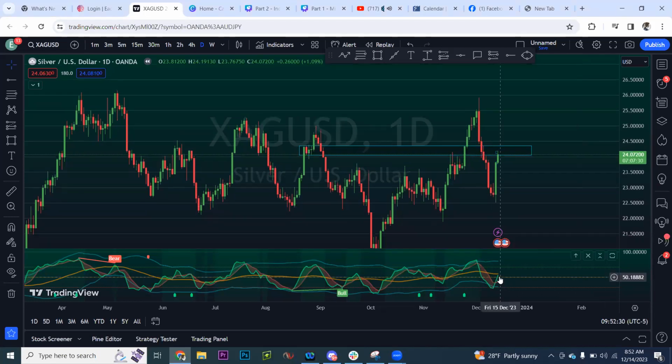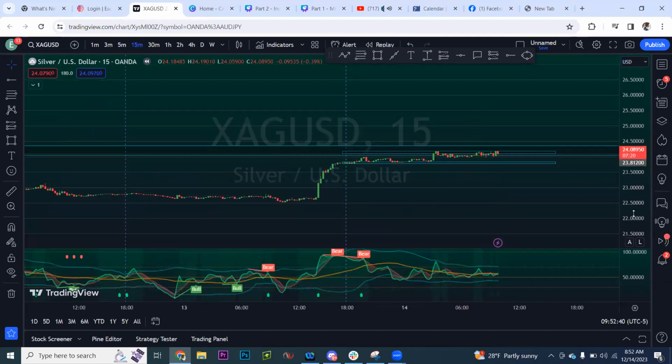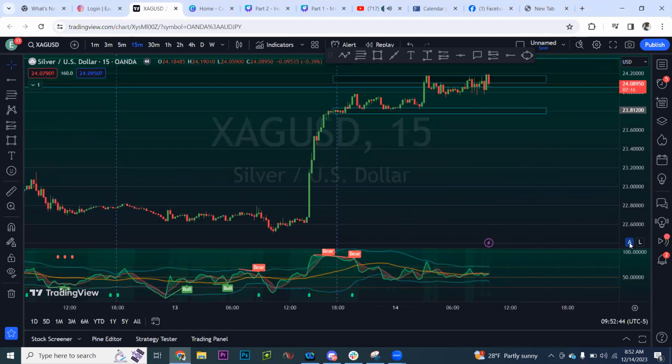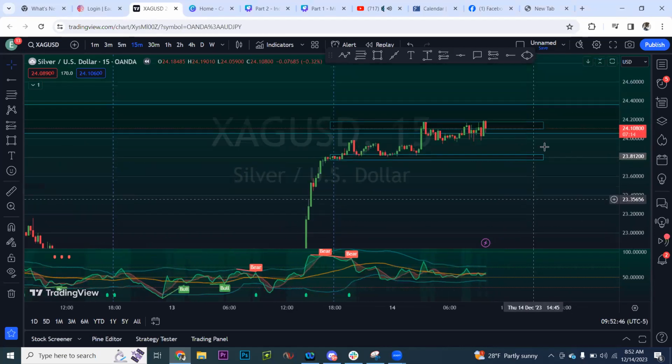So right here at the resistance, here's the resistance. So if we get a reaction to this zone, we can go to the lower time frame and see how the market's moving. Oh, here, boom. This is that daily zone.